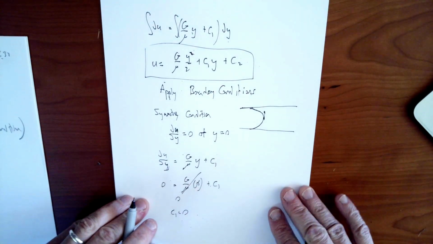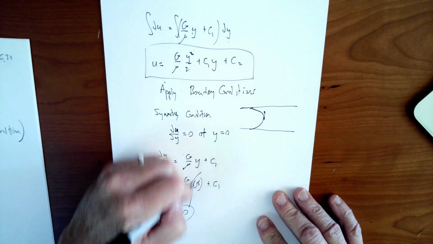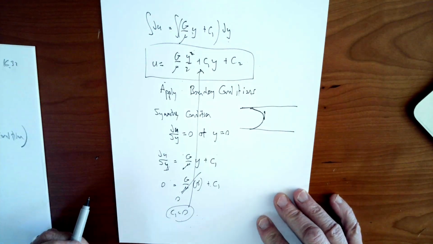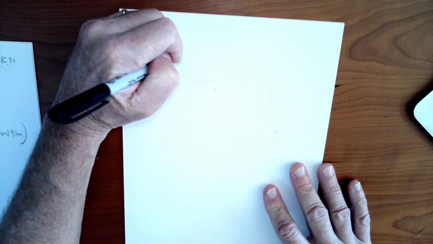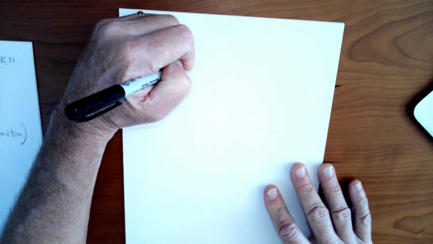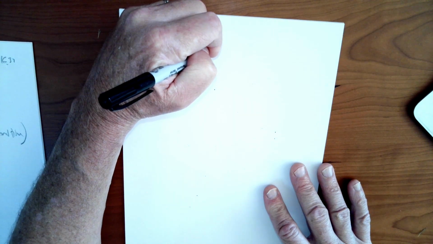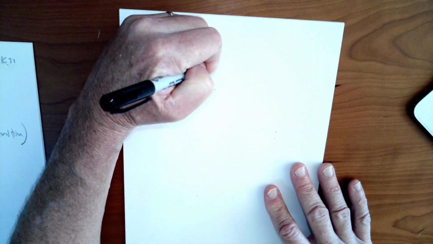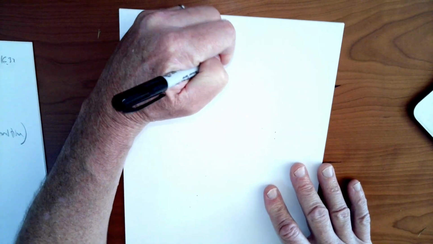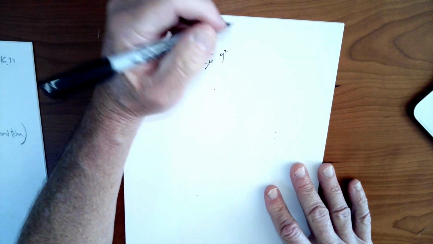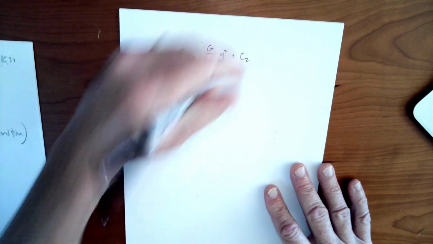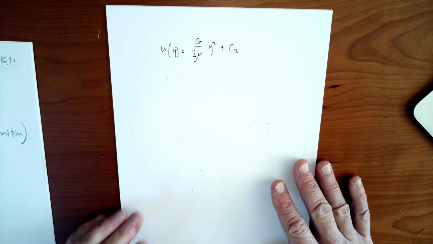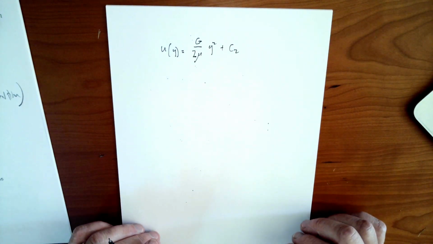Very important now that you update your solution. We plug c1 back in up here and update our solution. So we have a new u expression: u as a function of y is equal to g over 2 mu times y squared, plus c1 is 0, so just plus c2. So that's our new expression for u.